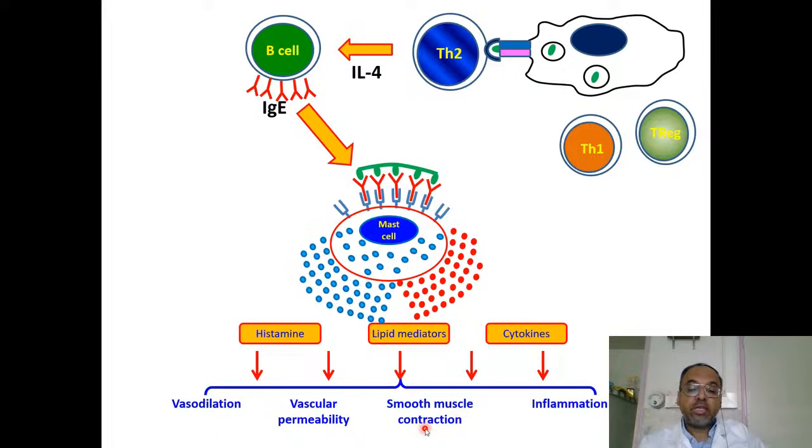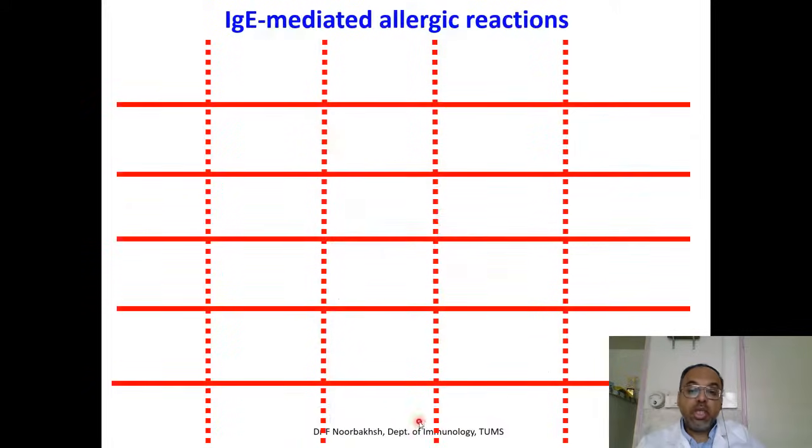We also have contraction of smooth muscles, which is important in the gastrointestinal tract and also in the respiratory tract, where we have a lot of smooth muscles. And we have some other processes which I have labeled inflammation, which is a complex set of interactions between cells and molecules and tissues.